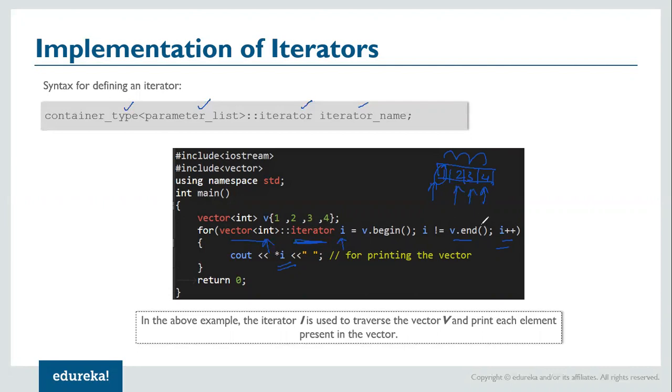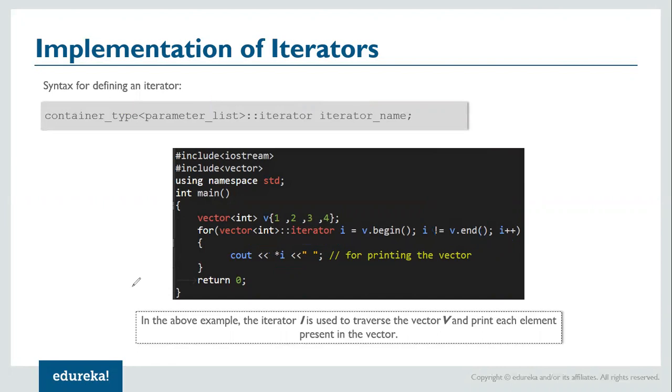So this keeps on happening until it reaches the end of the iterator. So this way you start traversing the content of this particular container, in this particular case a vector, and access the elements using an iterator.